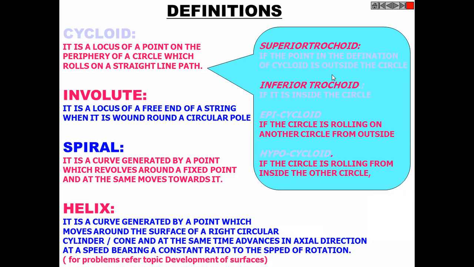Now the extreme end of the polythene is still waving in the air while we are moving. So that point is outside the periphery of that circle. The locus traced by that end point of the polythene will be a cycloid for sure. But which kind of cycloid? Superior trochoid.